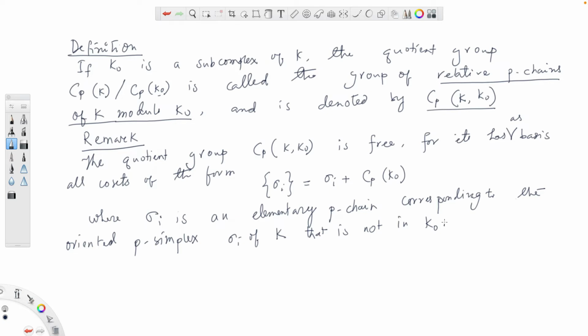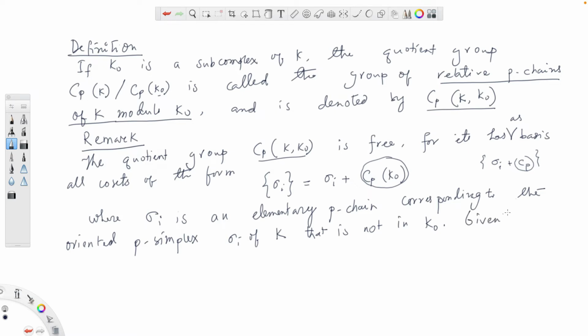And so a basis element here is going to be something like this, where c sub p is an element here.